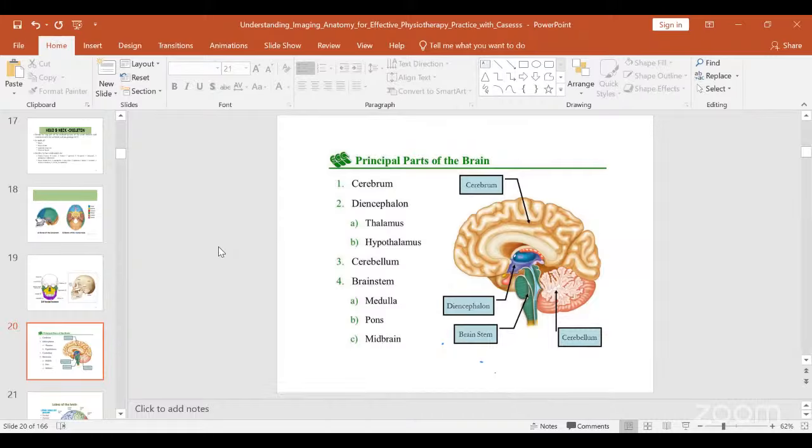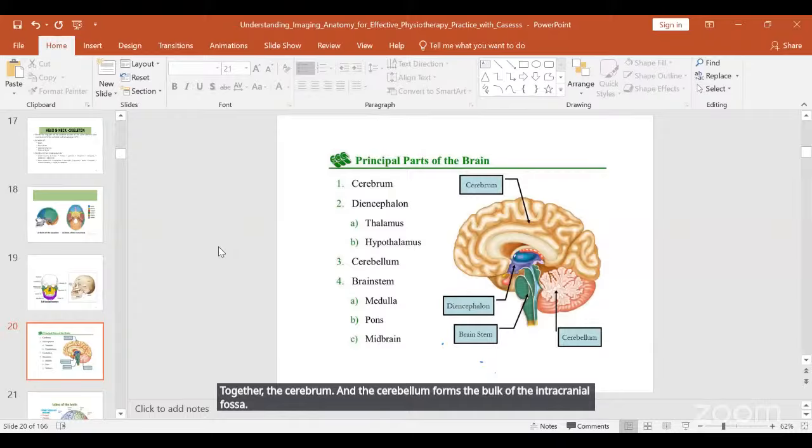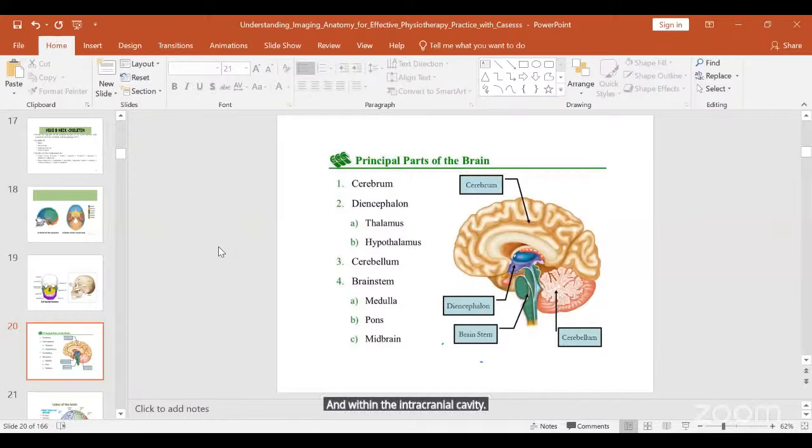Together, the cerebrum and the cerebellum form the bulk of the intracranial fossa. Within the intracranial cavity, 2/3 of the cavity is occupied by the cerebrum, while the remaining 1/3 is occupied chiefly by the cerebellum.